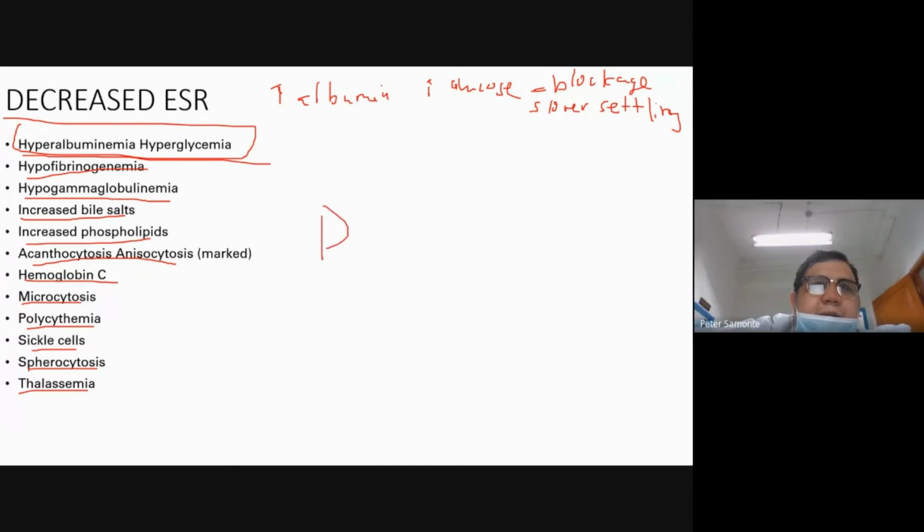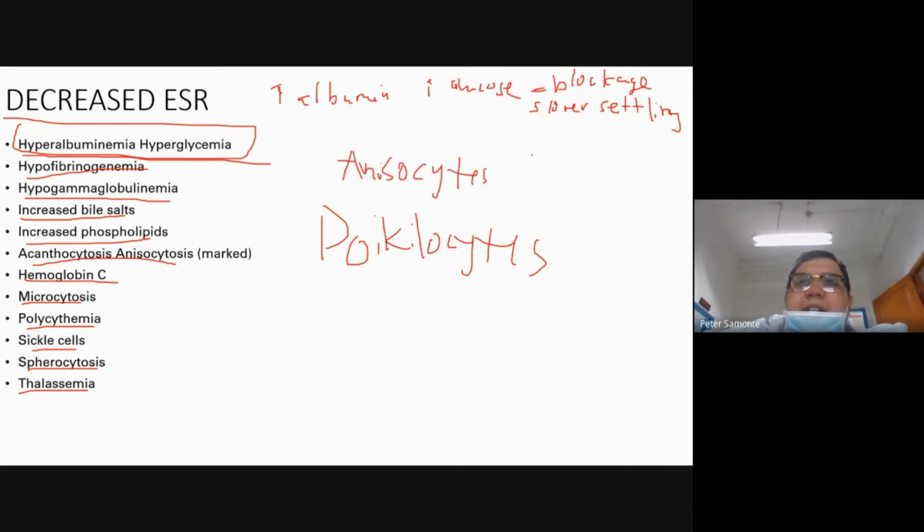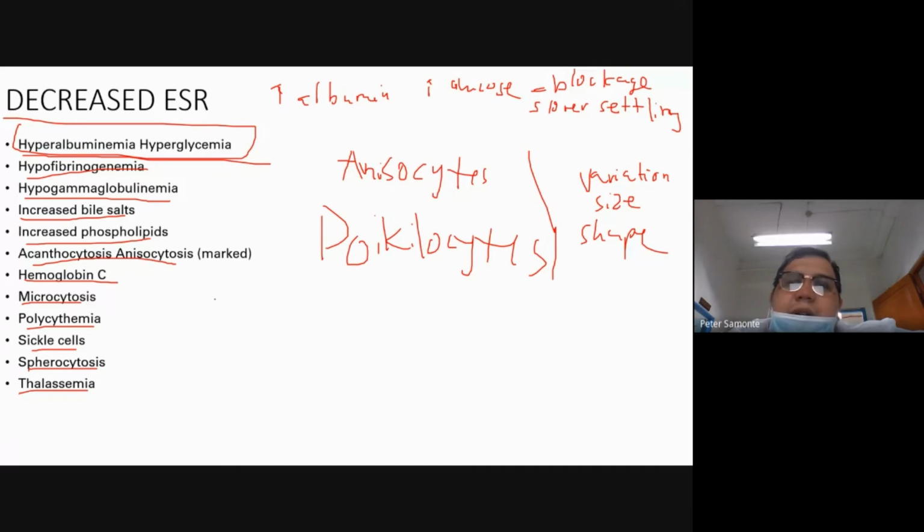So sa mga poikilocytes kasi, and even your anisocytes, meron kayong variation ng size and shape. So depending on the size and shape, if the cell is bigger, mas magiging slower yung pag-settle niya, kasi nagbo-block, depende. If it's smaller, pwedeng faster.